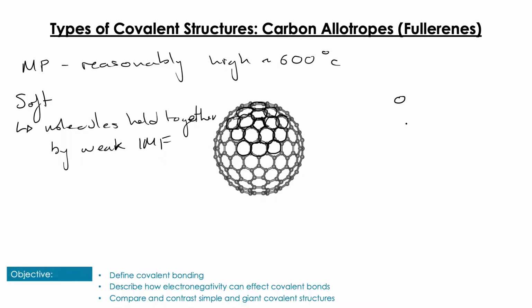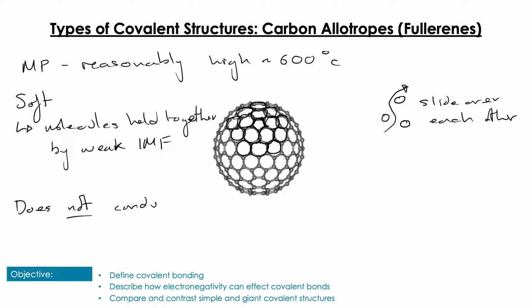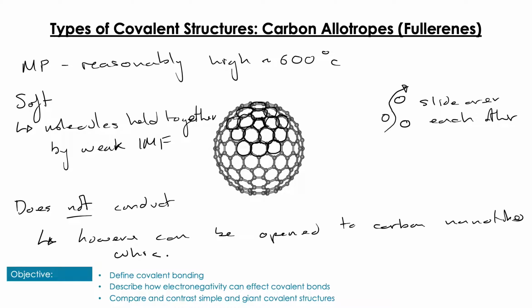And this makes them quite soft because these individual molecules are only held together by weak intermolecular forces, and so these individual ball-shaped molecules can slide over each other quite easily. For the same reason, it does not conduct electricity because there's no free electrons. However, it does have a really important property, which is that it can kind of be opened and formed into these carbon nanotubes, which again also have been touted as an important potential future material.